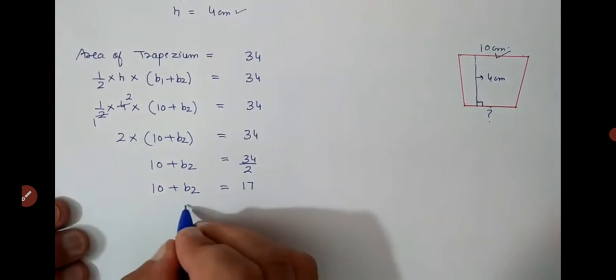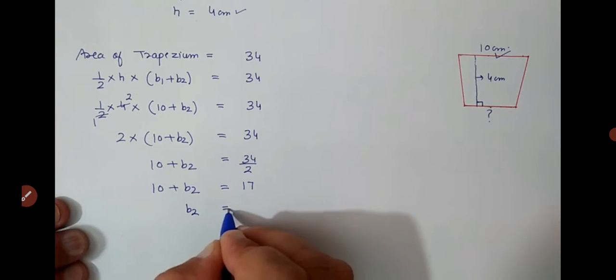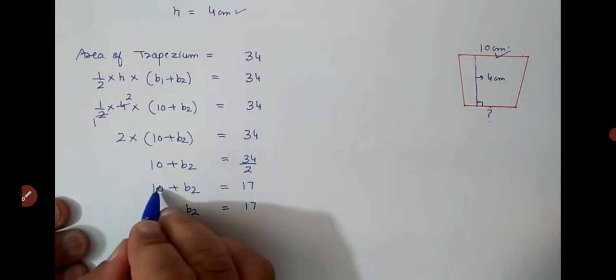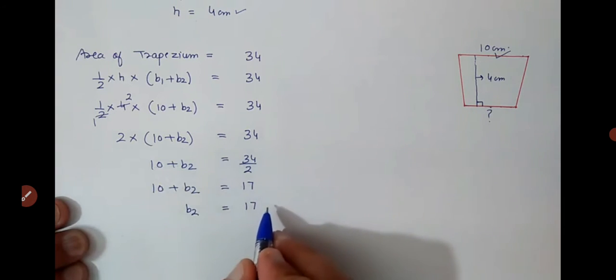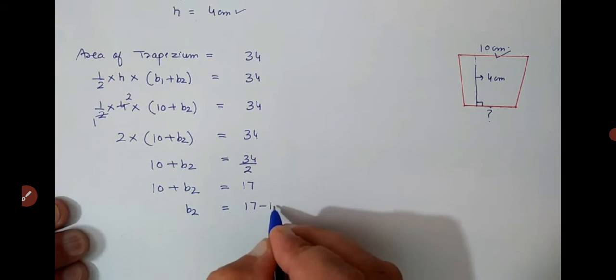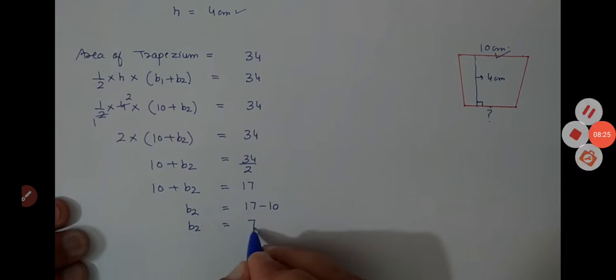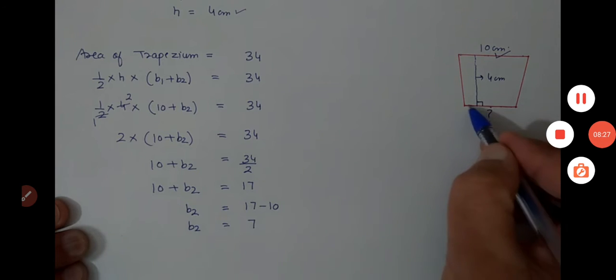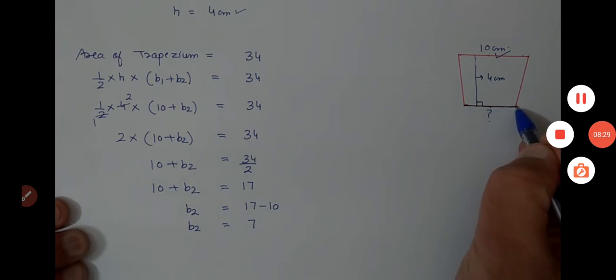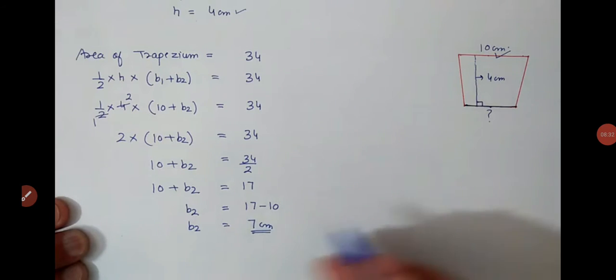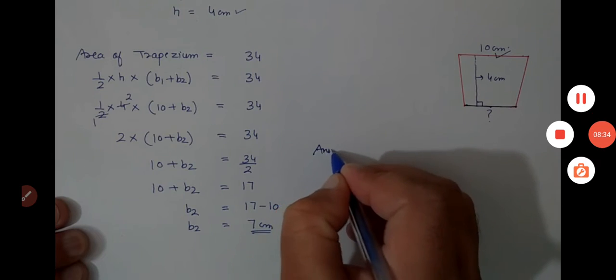Now b2 is equal to 17 minus 10. The 10 has a plus sign, so when we transfer it we get minus 10. So b2 is equal to 7 centimeter. This way we can find b2. Understand? So the answer is 7 centimeter.